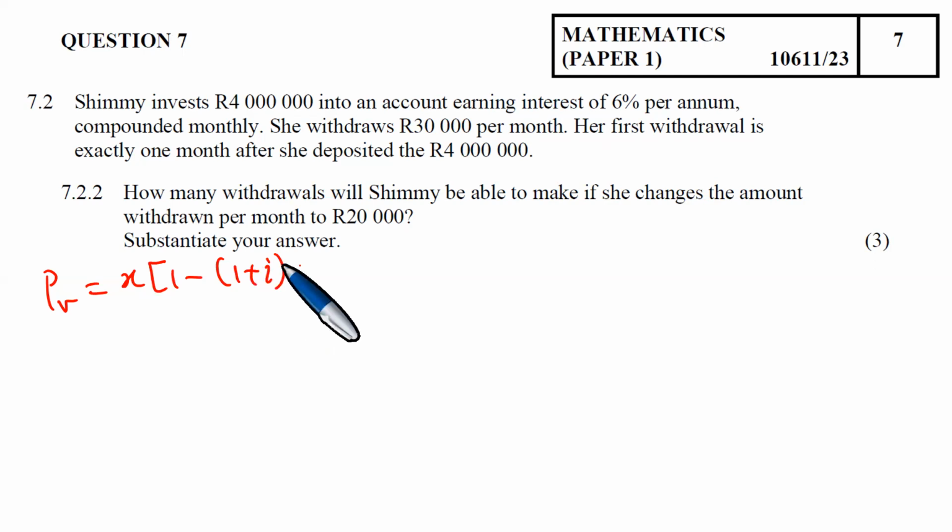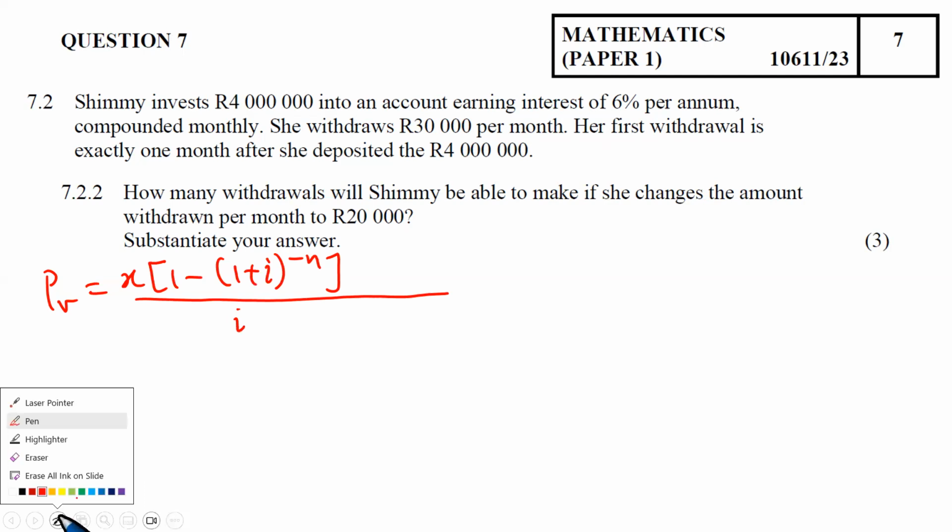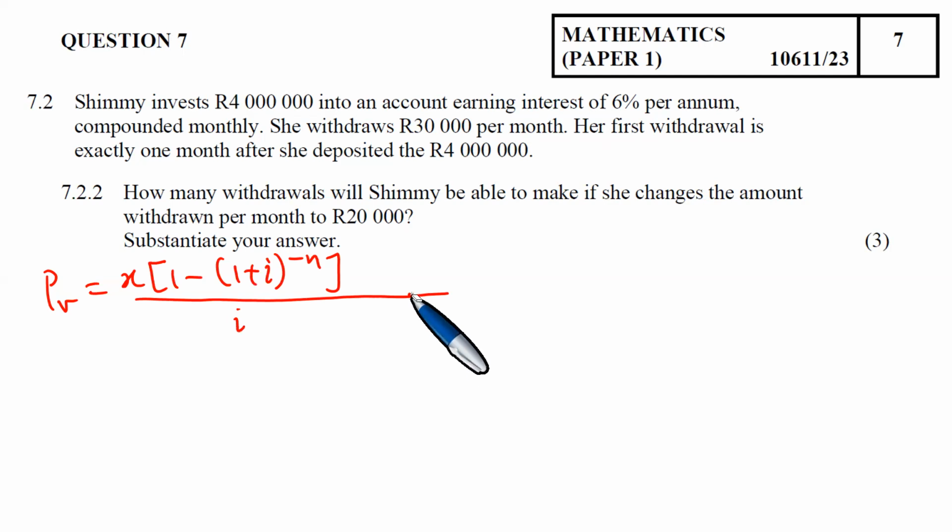We use this formula for the present value and divide by i. We can make this shorter, because it's a bit too lengthy.